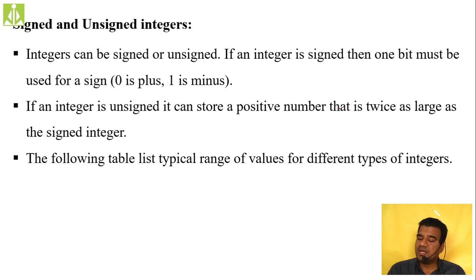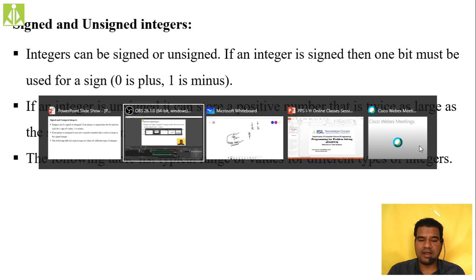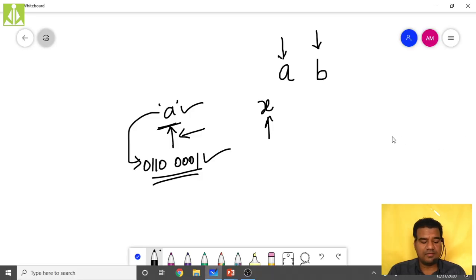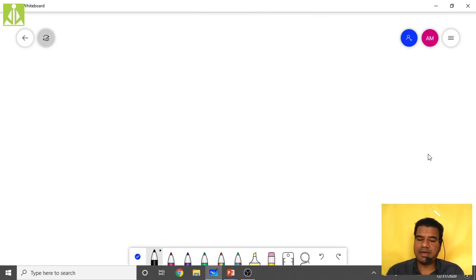So what does this signed and unsigned concept mean? Whenever we write a particular number, let us say I'm writing 24. Whether it is positive or negative, we have an understanding in mathematics that only if it is negative, we give the negative sign. If it is positive, we don't give any sign.